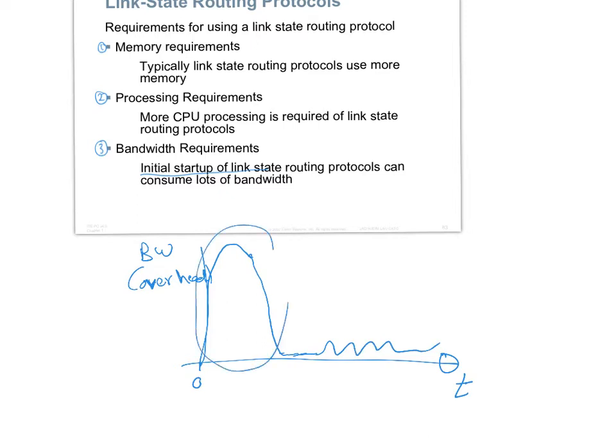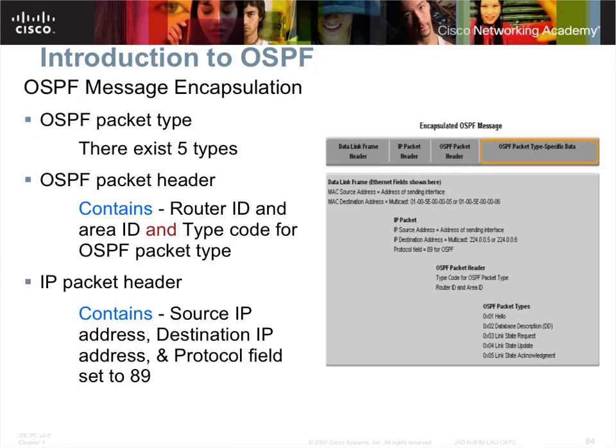This accounts for the initial phase where each router has to collect the entire global view of the system. That's why we need very high bandwidth at the beginning to exchange these link state updates. Any questions so far?